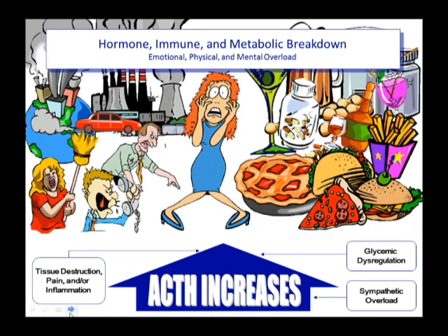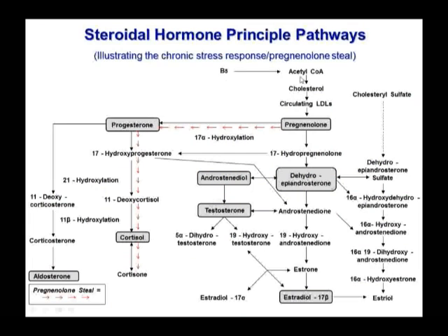When we have chronic stress, the hormone balance in the body starts to tip more towards the direction of producing more and more cortisol, and that's what this slide is showing here, as these hormones pass through this system, the red arrows indicate the preferential pathway under stress.